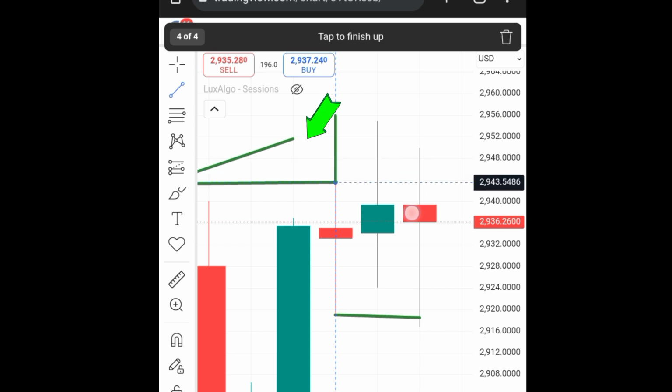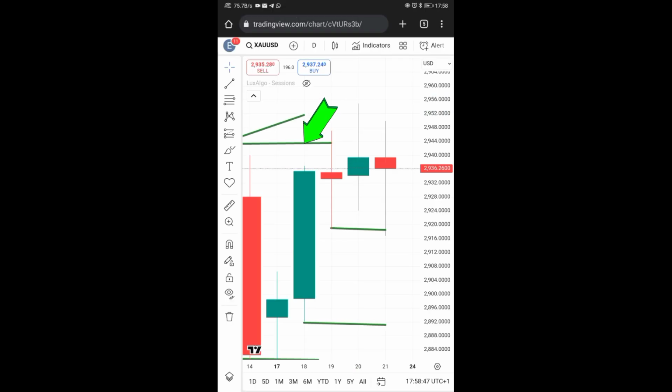now it is for us to move to our M5 to look for an entry. The entry we are going to be looking at, I've explained everything earlier. So we are going to our M5 to look for a break of structure. So our TP will be this low, or Asia range low, which serves as another liquidity zone.